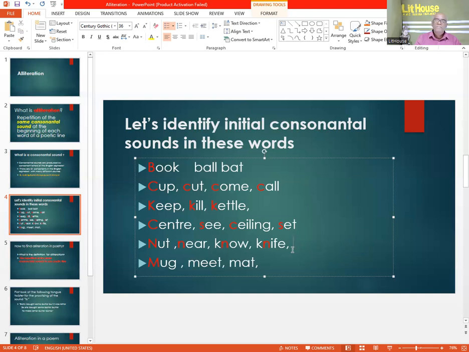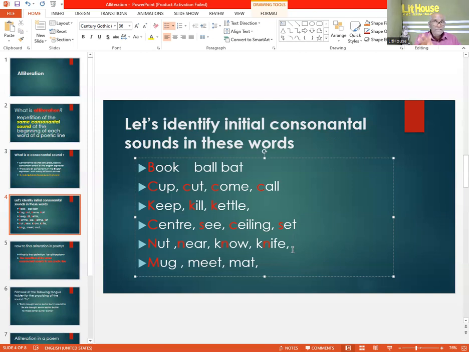Right. Now, this is how various consonants have various sounds. Sometimes one consonant has two different sounds, like the letter C. Now, consonant C has S sound as well as K sound.